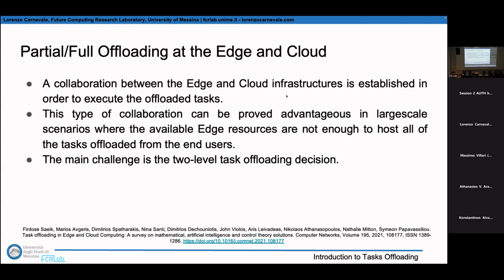Why is this important? Because edge computing, as I said, is anyway a small data center, but still with limited capacity. So there are specific applications that cannot run with the full capacity in an edge system, but they need a cloud system.